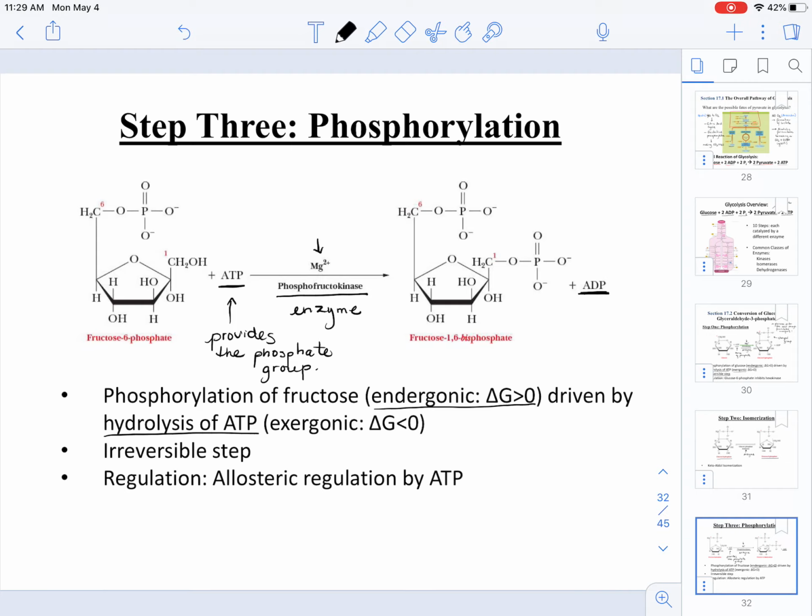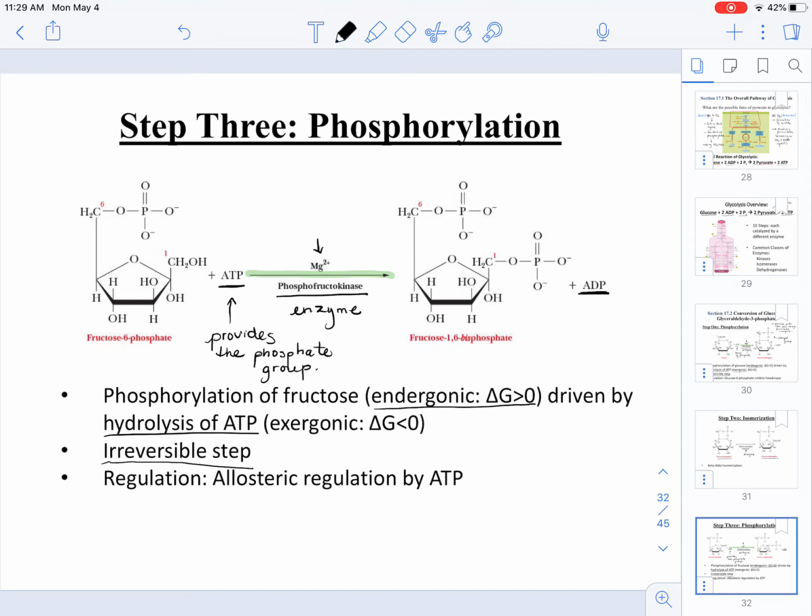Understand that step 3, similar to step 1, is an irreversible step. That's why here we have a single arrow. This step is regulated specifically by ATP, but here ATP is going to be regulating phosphofructokinase allosterically.